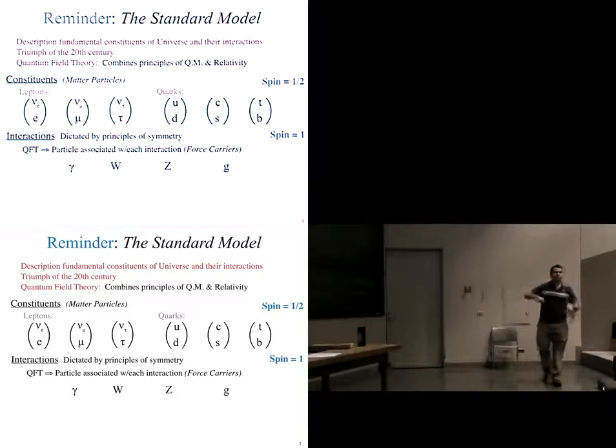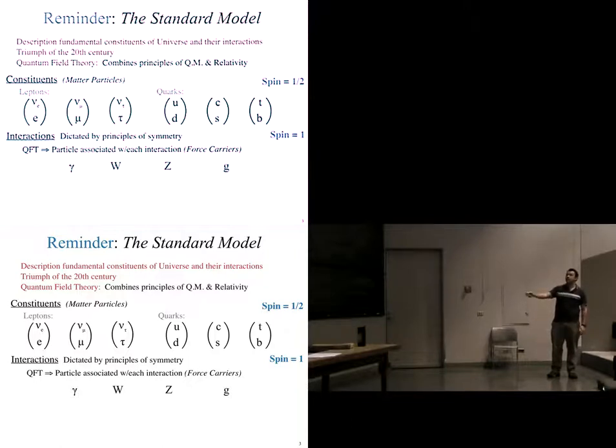This is the way that any possible universe must behave if it obeys the principles of quantum mechanics and relativity. This was really something that came in the second half of the 20th century. And in particular, our particular universe obeys these principles, so it has to be a form of the quantum field theory, and we went over the particular form that it takes.